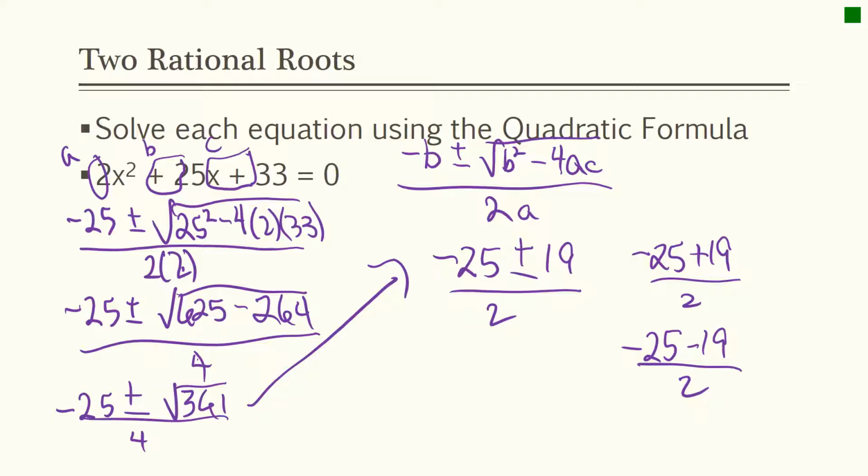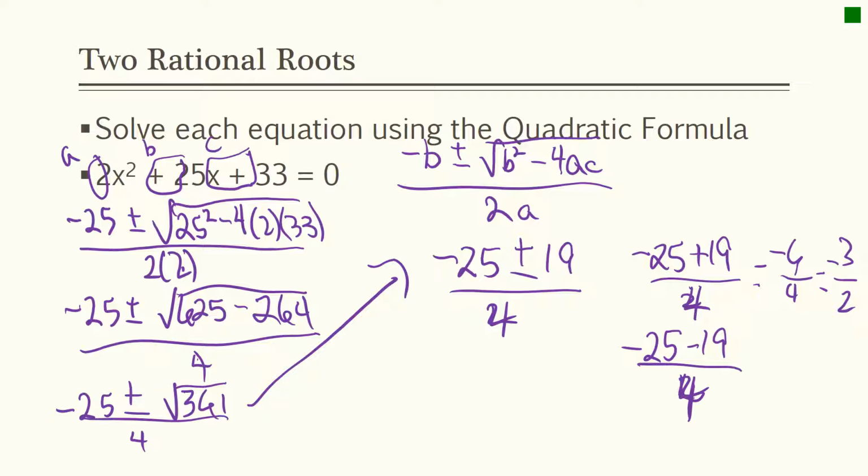Negative 25 plus 19. Oh, this is over 4, isn't it? This is all over 4. About to make a mistake. a was 2. Negative 25 plus 19 is negative 6 over 4, and I can reduce that down to negative 3/2.